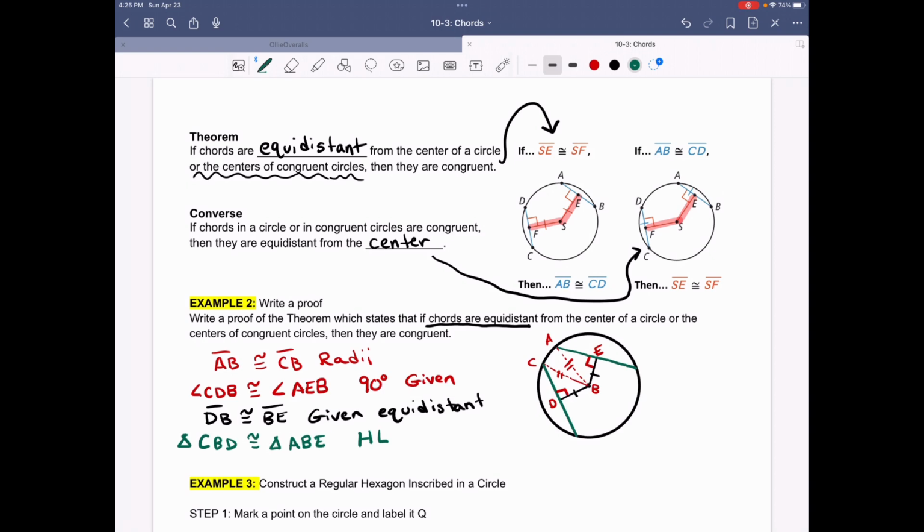And what does that get us? Well, then that tells us that from this side of the triangle, A to E is congruent to side CD by corresponding parts of congruent triangles are congruent.